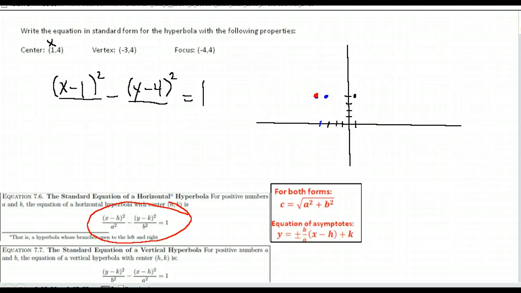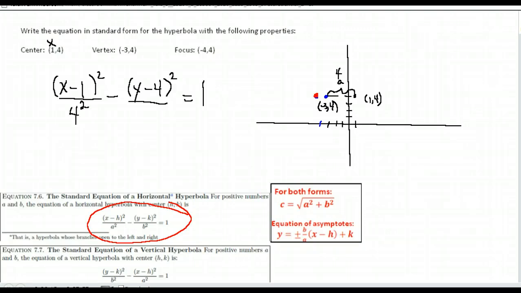Now I need to find a and b. Well, a is the horizontal distance. Notice our last one was vertical, so we got b by going from the center to the vertex. This is horizontal, so this is going to give us a when we go from the center to the vertex. So how far is it from our center (1, 4) to our vertex (-3, 4), or how far from 1 to -3? Well, it's a distance of 4. So that tells me our a is 4.